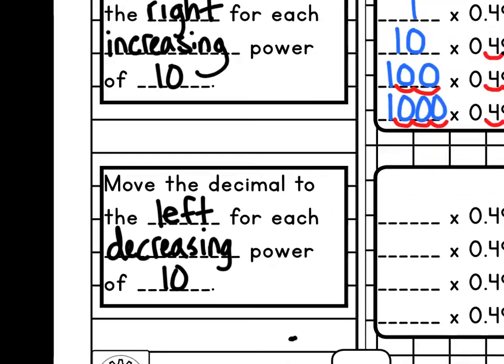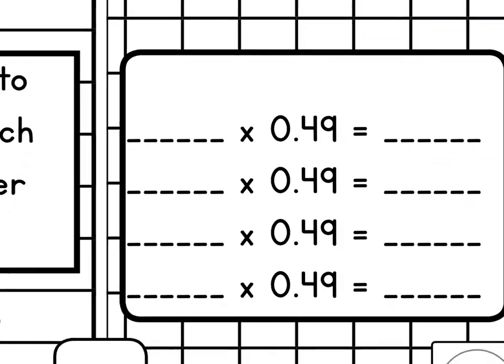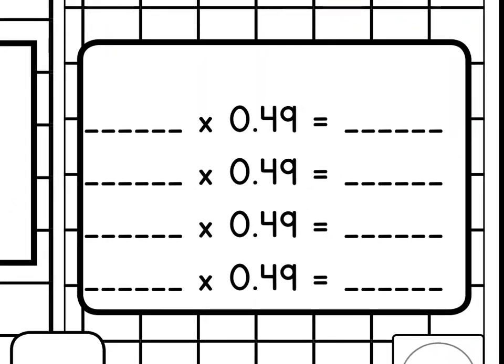Okay? So this is going to be the opposite. And what I want to do, class, is I want to start with the number 1 again. And I have 1 times 0.49, which equals 0.49, the same number.